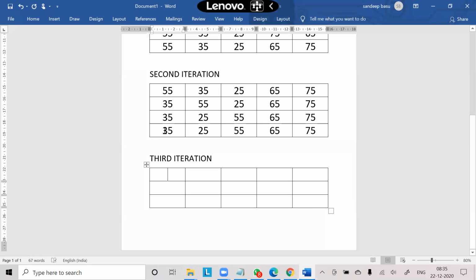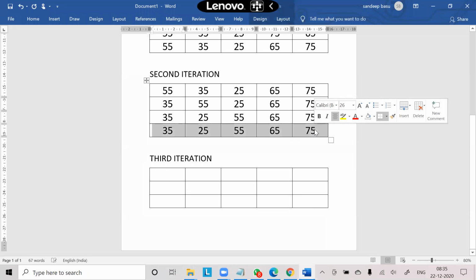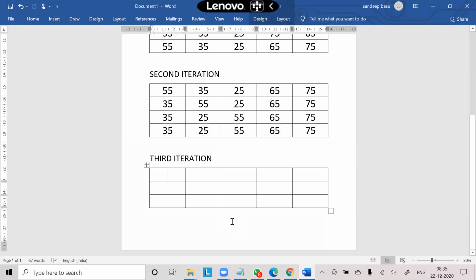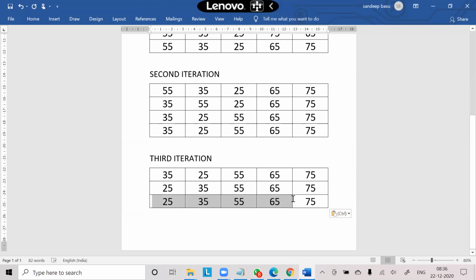Third iteration will start from the last step of second iteration. So this is the number that I'll be taking, and now again I'll be comparing it. This becomes 25, this becomes 35, and last steps would be the same thing. So this is my final answer. The bubble sort after third iteration would be 25, 35, 55, 65, 75.